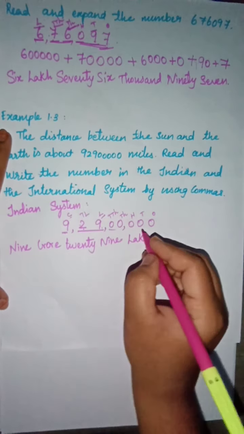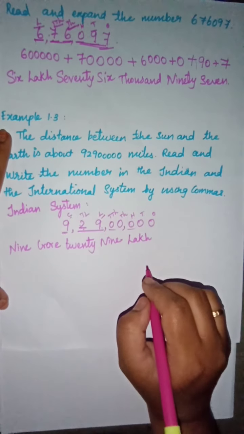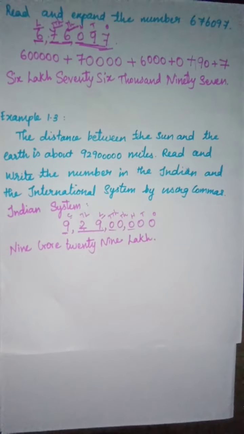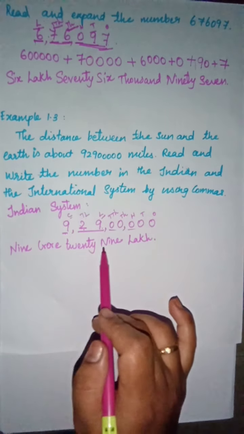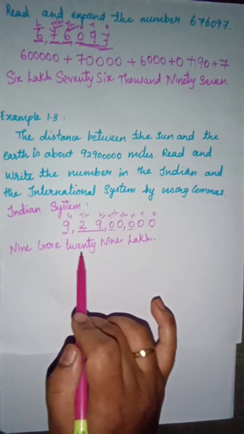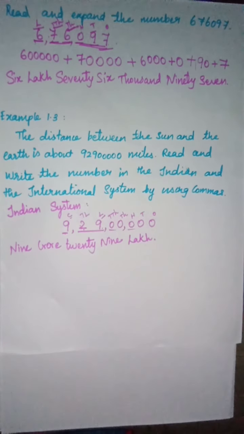Then here all 000, what we have to do? Just leave it. That's all. If there is 0, you can just stop there. So 9 crore 29 lakh. Clear? So it is in Indian system.